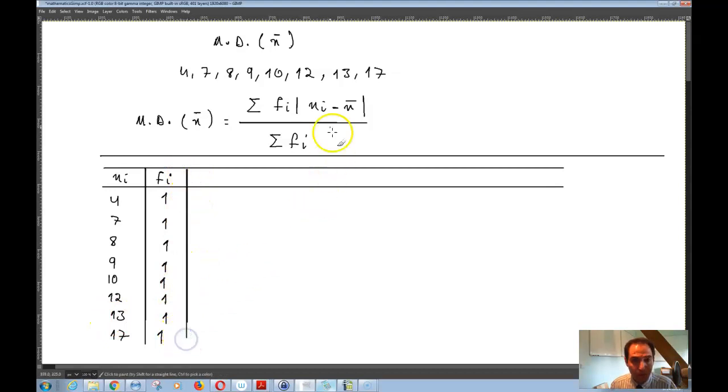Now, for this formula, I also need my x bar. You know that x bar is sigma f of i times x of i divided by sigma f of i.